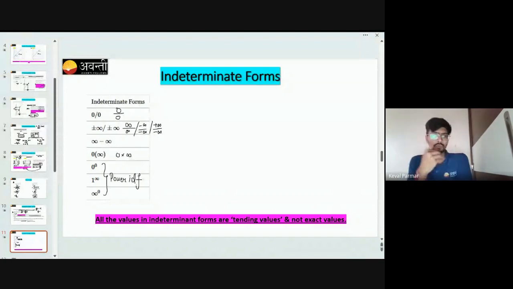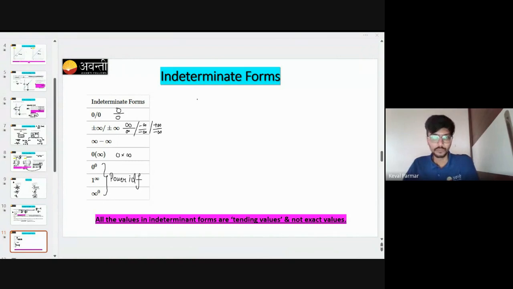So let me talk more about indeterminate form, which is a general confusion that many students have here. Let me take four cases, and I would like to know your opinion about these cases.